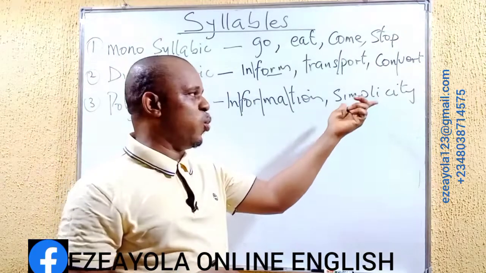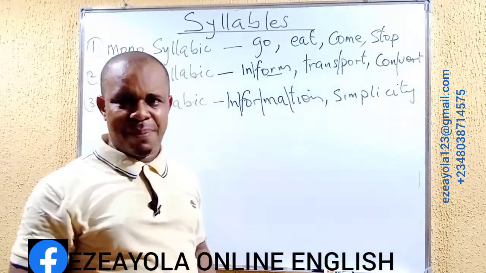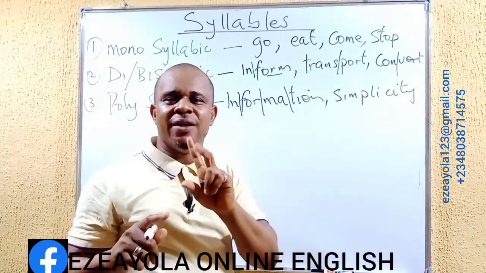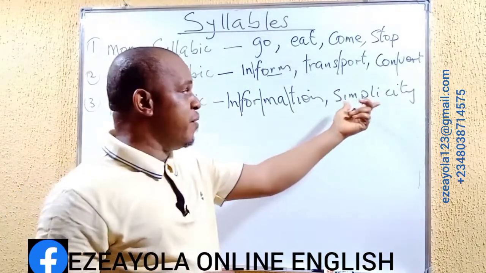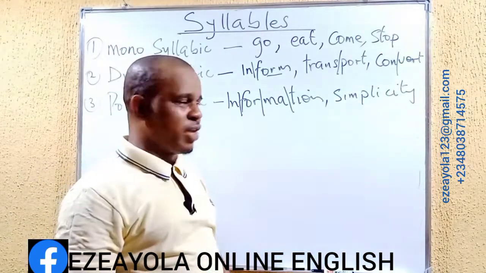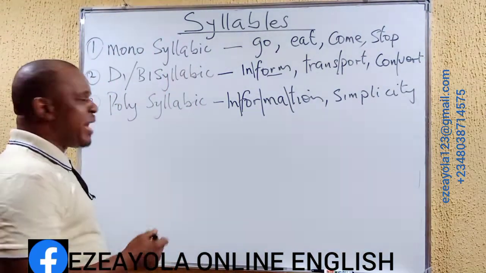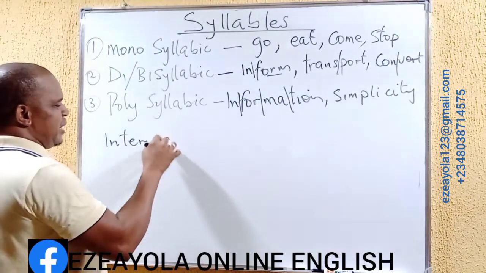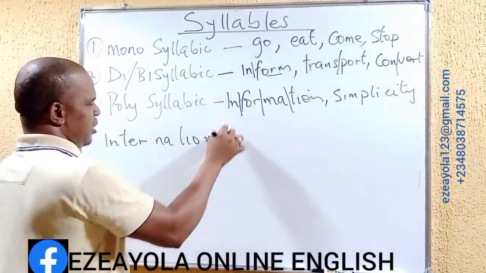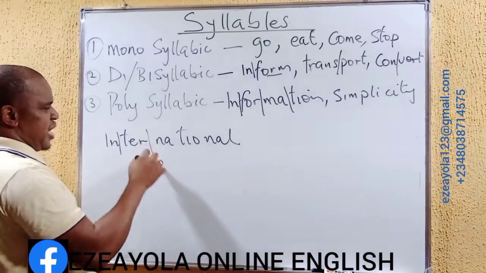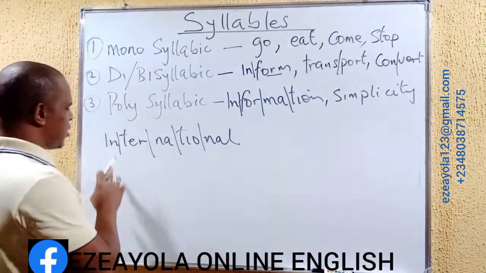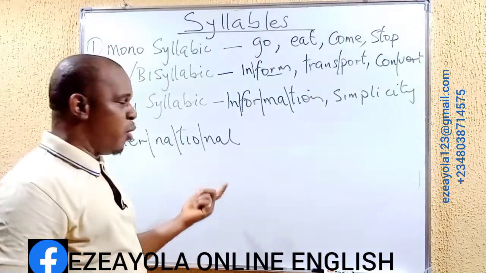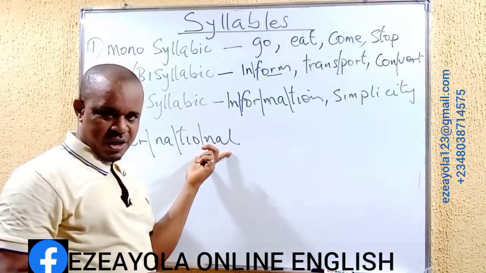This is equally a word that is polysyllabic, in the sense that it has more than 3 syllables, or maybe from 3 syllables to wherever, okay? There could be other words like international, okay? Now, this is international, all right? 1, 2, 3, 4, 5. You can see that. Now, we have words that are 5 syllables here.